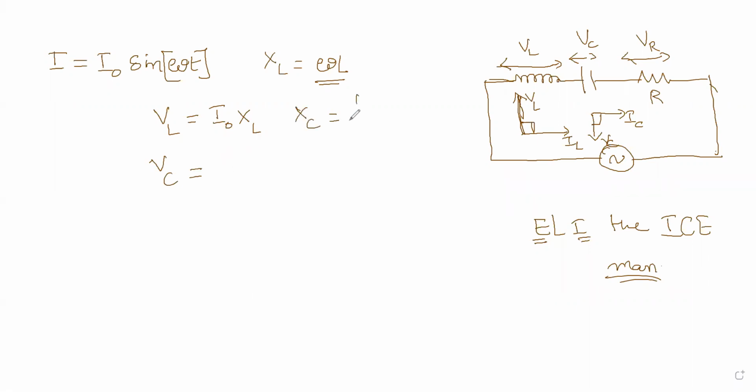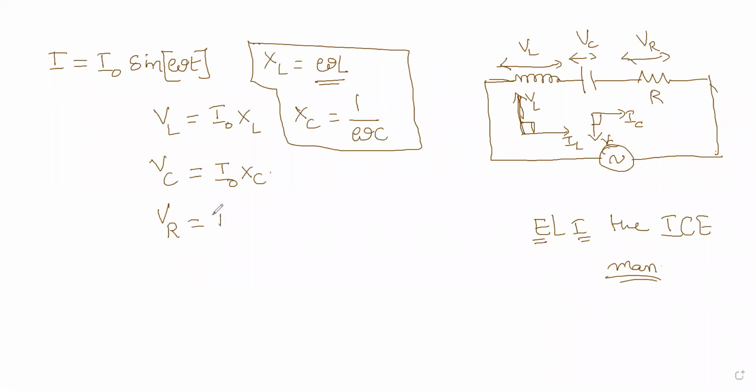XC is 1 by omega C, right? So VC is I naught into XC. These formulas you have to remember very well. XL is called inductive reactance and XC is called capacitive reactance. Clear, everyone? And now in the resistance case, VR is equal to I into R.